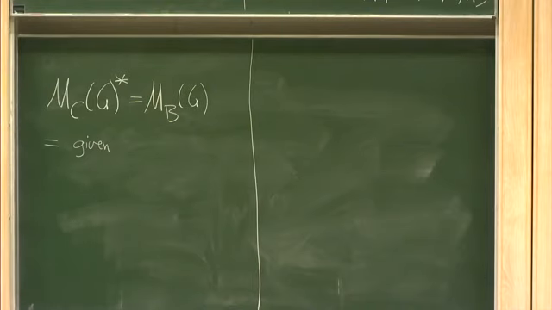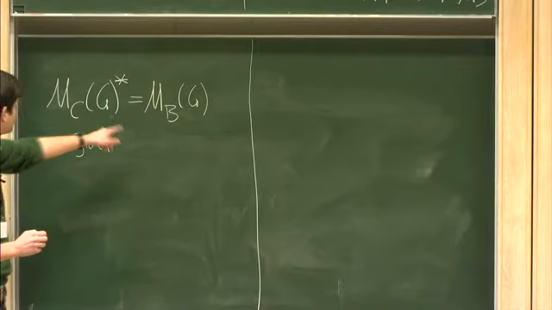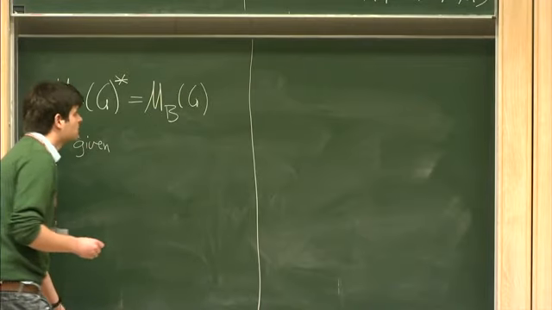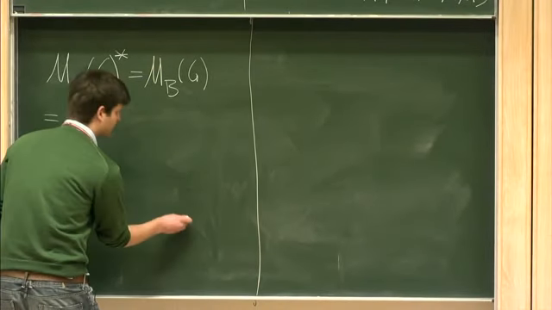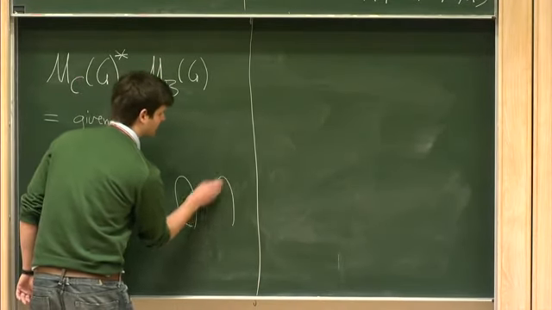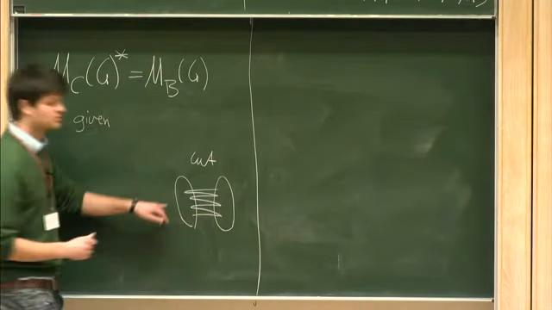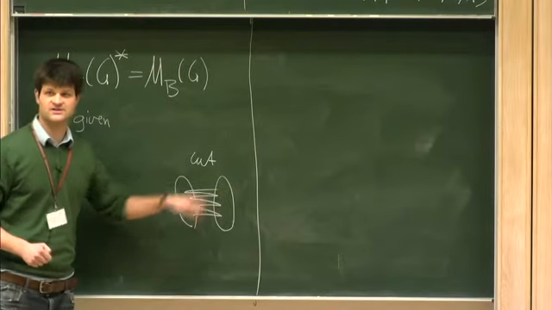Right, so now I want to tell you what the bond matroid of a graph is. It's given by the minimal non-empty cuts of a graph, and a cut is just the set of edges crossing a bipartition of the vertex set.